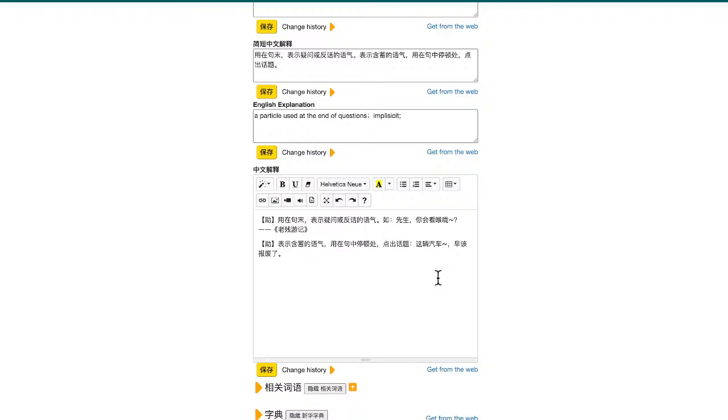The purpose of it is to reduce the assertiveness of the sentence, but also bring attention to it.